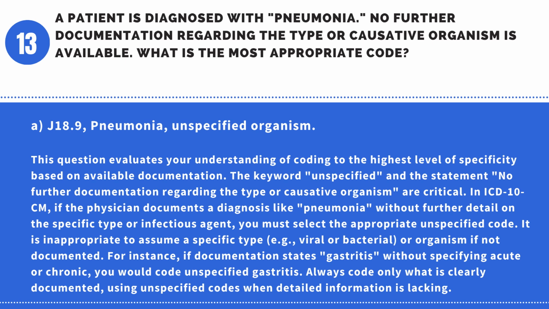It is inappropriate to assume a specific type, e.g., viral or bacterial, or organism if not documented. For instance, if documentation states gastritis without specifying acute or chronic, you would code unspecified gastritis. Always code only what is clearly documented, using unspecified codes when detailed information is lacking.